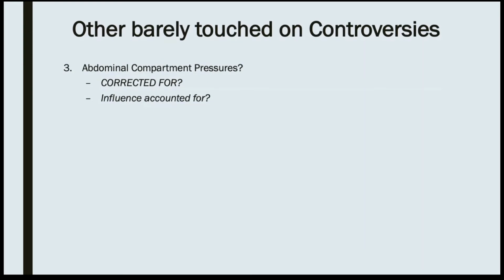And there are other barely touched-on controversies, which I only saw mentioned in a study I read from 2012. When we look at the IVC and its interaction with the right atrium, no study so far has measured the abdominal pressures.